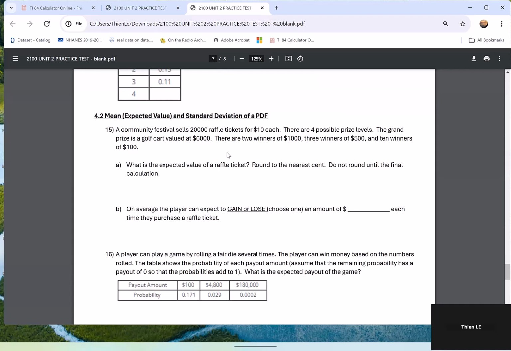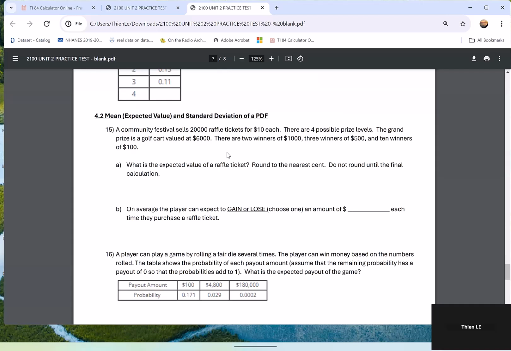The value of your ticket is 990 with probability 2 out of 20,000. And the value of the ticket is 5,990 with probability 1 out of 20,000.